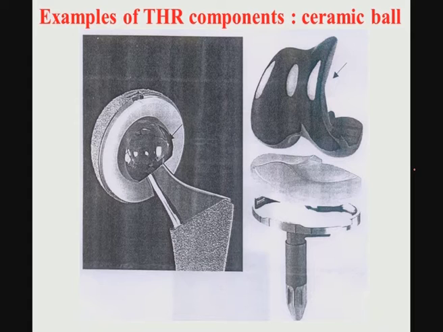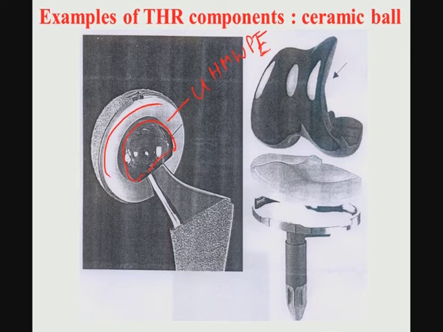So, this is a close up look of how this femoral ball head goes inside this acetabular socket and liner, and this acetabular socket liner is made of ultra high-molecular weight polyethylene, that is highly cross-linked ultra high-molecular weight polyethylene. So, this is a very interesting example, the total hip replacement.